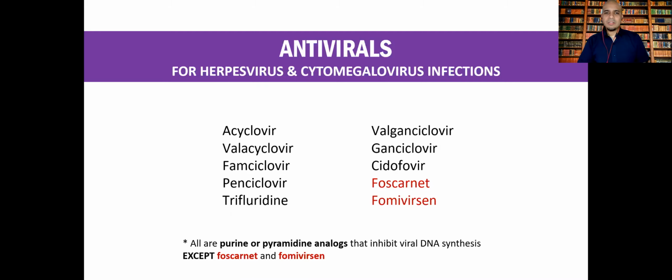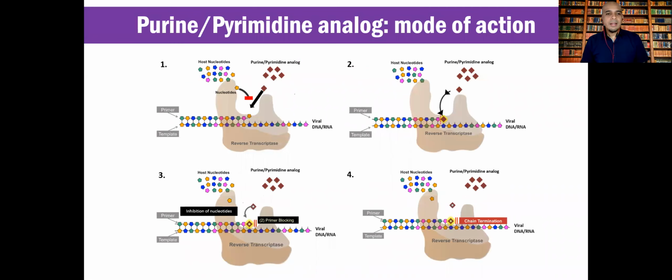Purine and pyrimidine analogs here means it can be in the form of guanosine, adenosine, thymidine, or cytosine analogs that will compete with the host nucleotides in the process of viral RNA or DNA replication. These diagrams will explain more about the purine and pyrimidine analogs. During the RNA or DNA replication process, the process will be catalyzed by enzyme reverse transcriptase for RNA or DNA polymerase for DNA.